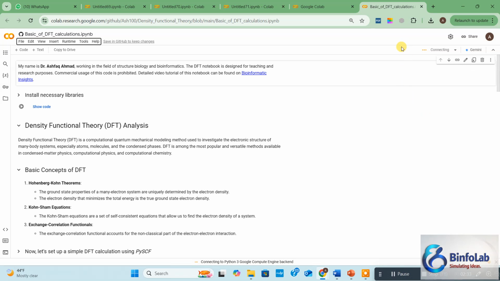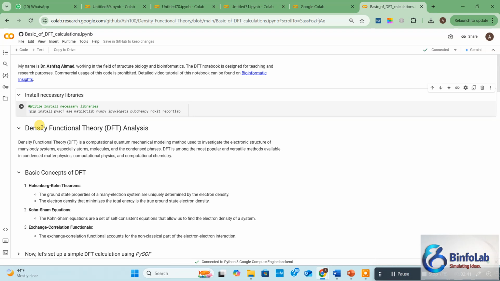Once the notebook is connected, we will use some programs for the analysis and for the understanding. These programs include Python, SCF, ASE, Matplotlib, NumPy, IPWidgets, PubChemPy, RDKit, and ReportLab. The ReportLab will generate a report in PDF.